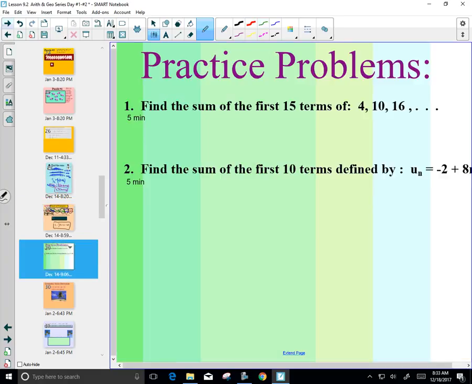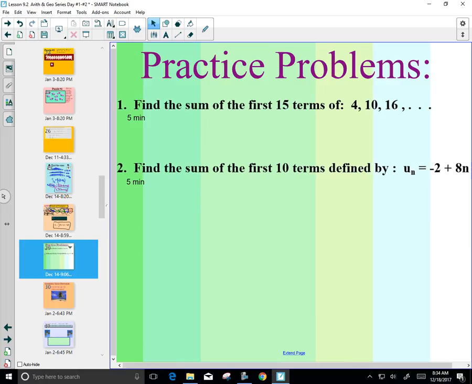All right, let's practice a couple. Find the sum of the first 15 terms. Find the sum of the first 10 terms. And then this one is moved over just a little bit. This first one, you have a equal to 4. The common difference is 6. And you want to look at n equal 15.